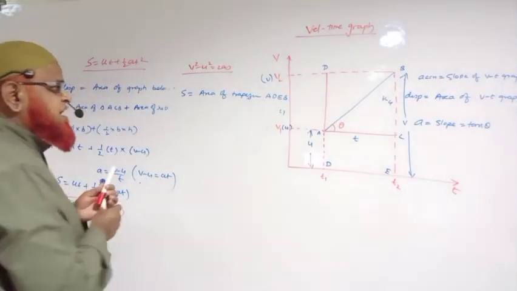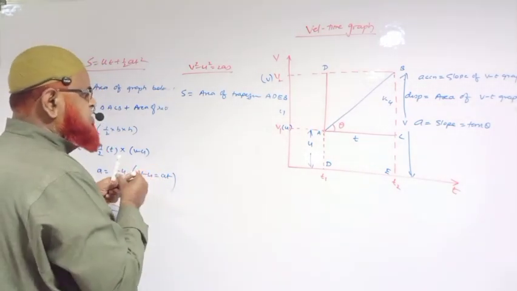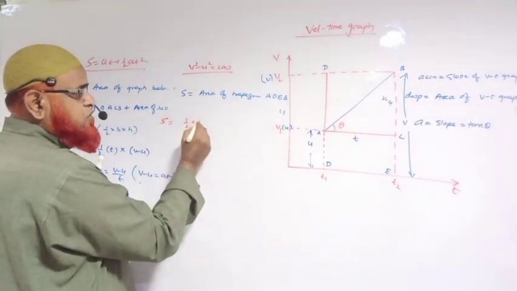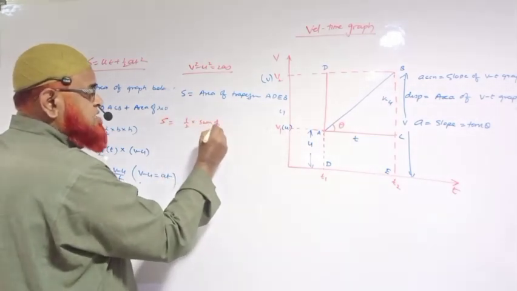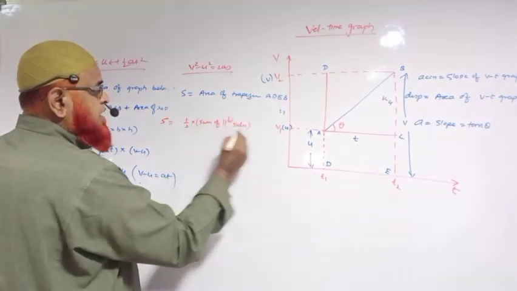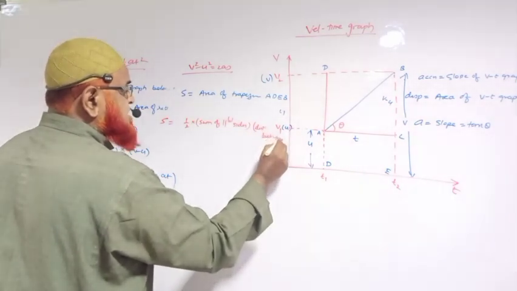So to find out the area of a trapezium, what is the formula? Can you tell me now? Displacement is equal to half into sum of parallel sides into distance between them.